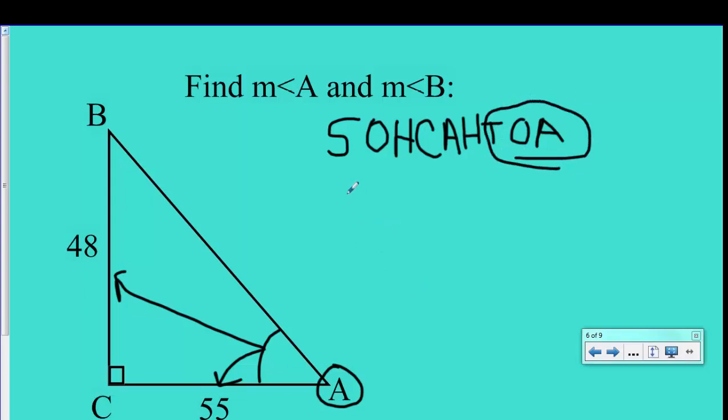To get our angle, we'll take the inverse tangent of opposite 48, adjacent is 55.